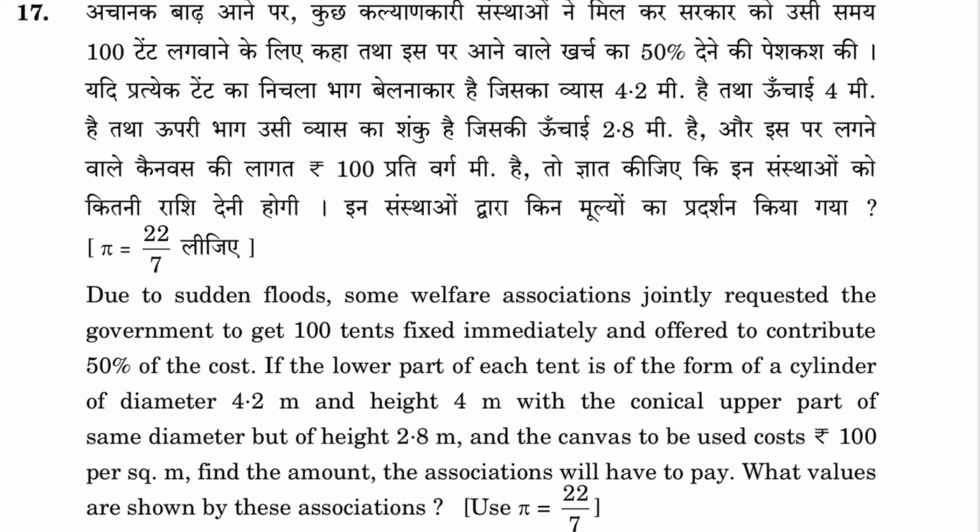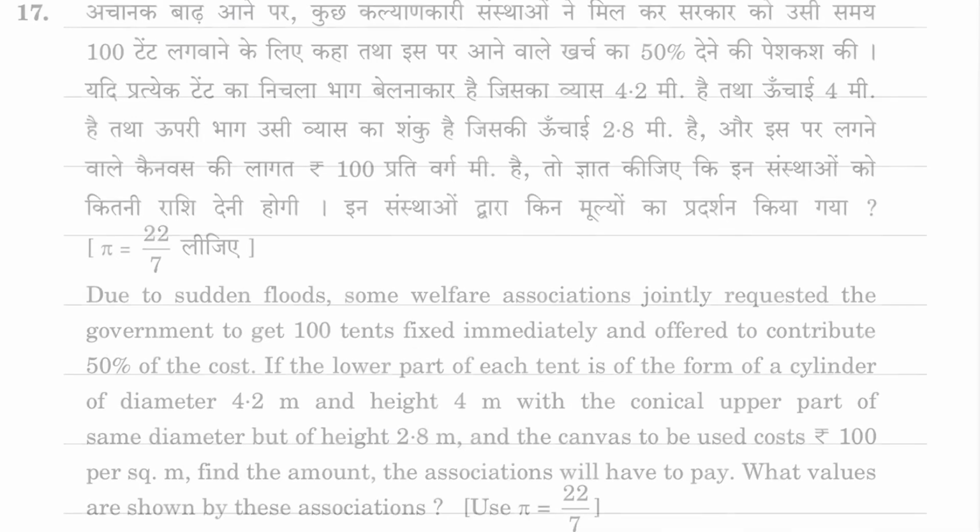Question number 17. In this question, we have a welfare association. It requested government to get 100 tents fixed immediately and they would offer 50% of the cost.